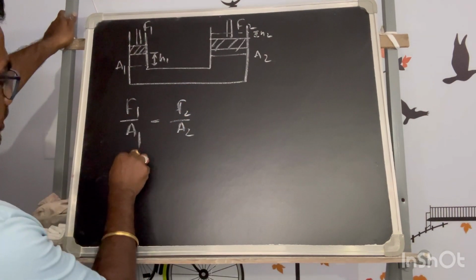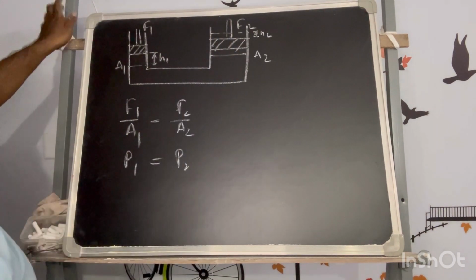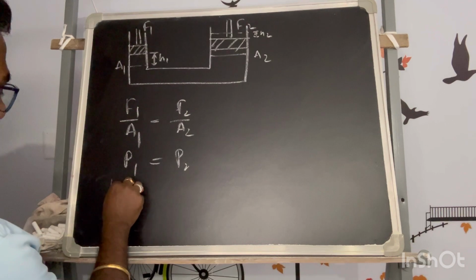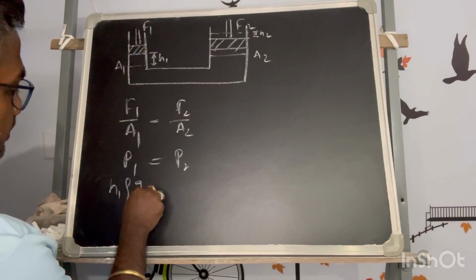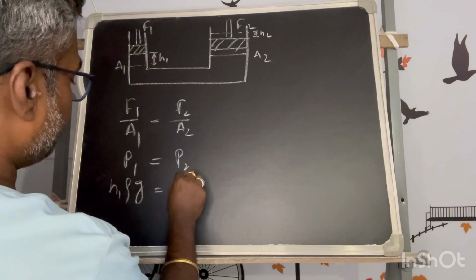And what is that here? It is pressure 1 is equal to pressure 2. Now what is the pressure here? This pressure is equal to h1 rho g, and there also h2.